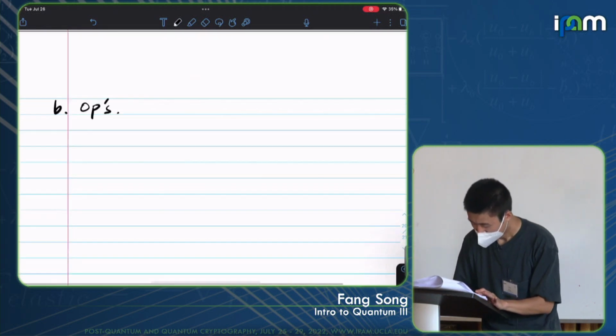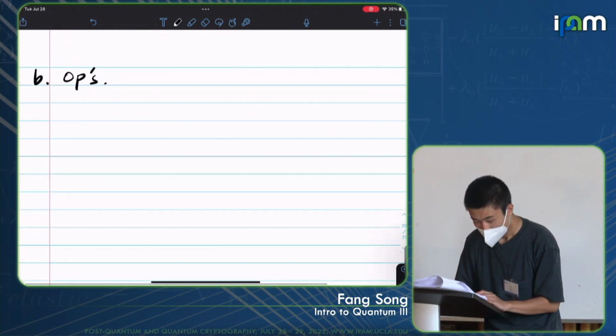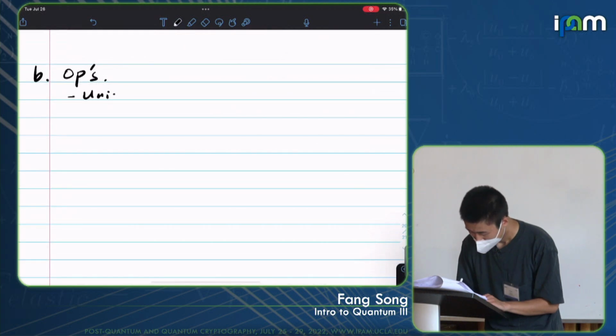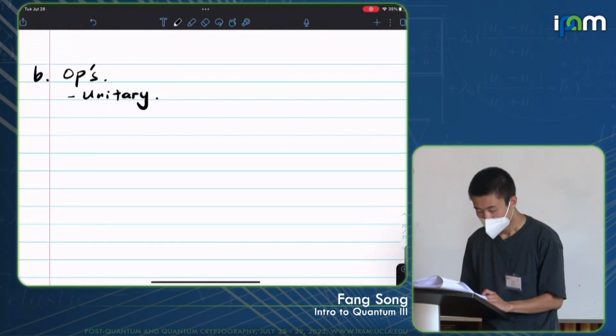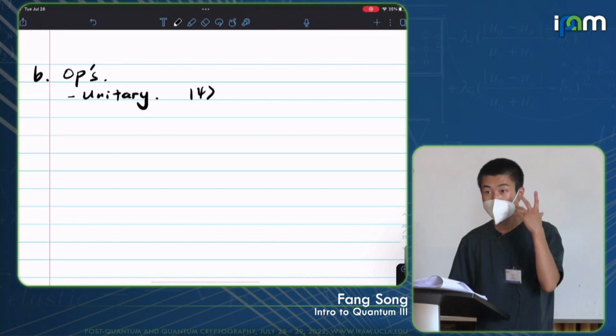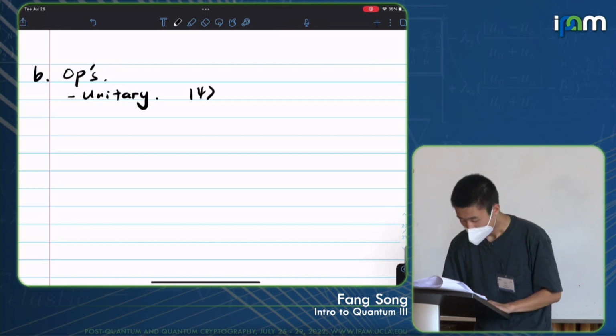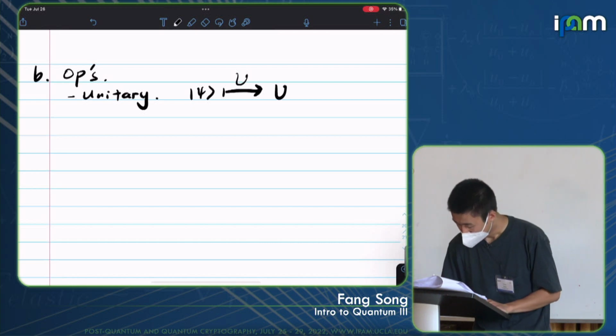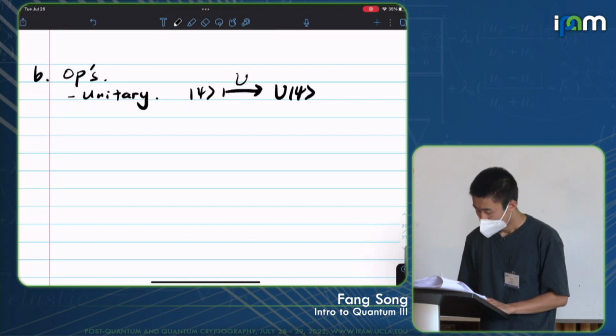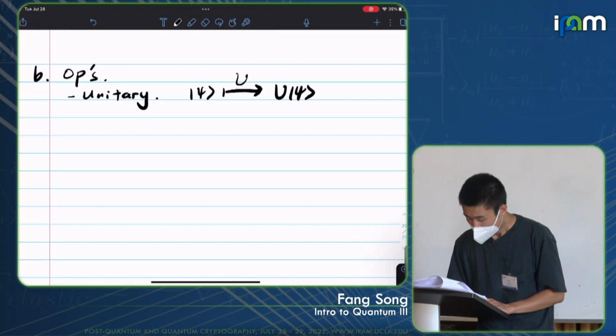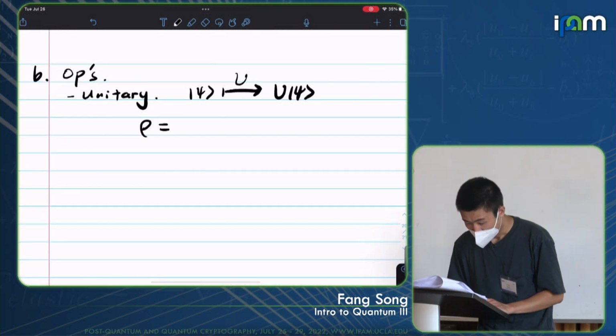Let's first look at unitaries, and from there we can generalize. In our previous formalism, if you apply a unitary on this psi, we will get U psi. Then how do you write down the resulting density matrix?